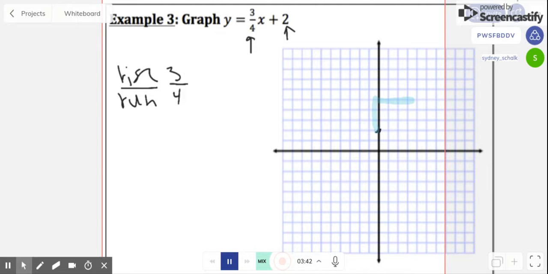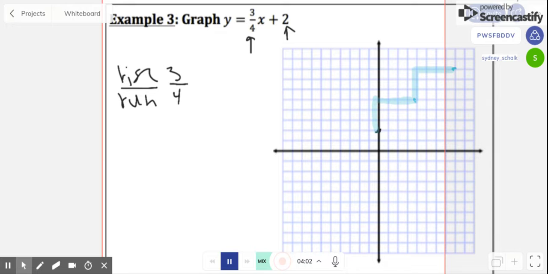That is where my next point will go. Right there. And then I'll do the same thing. Rise 1, 2, 3. Run 1, 2, 3, 4. There's my next point. And you keep doing that until you get at least 3 points on there.